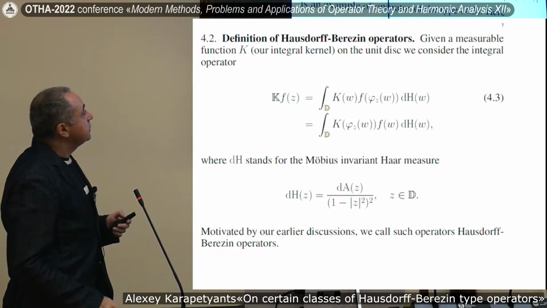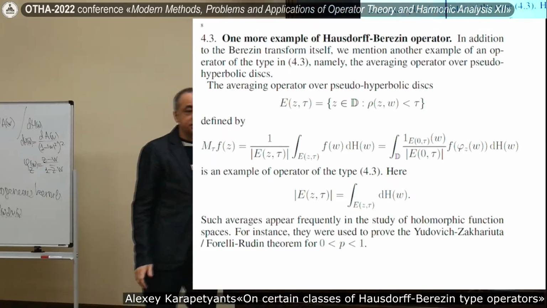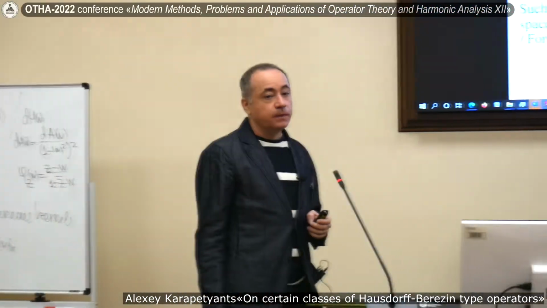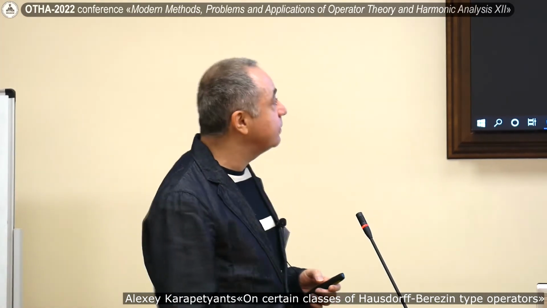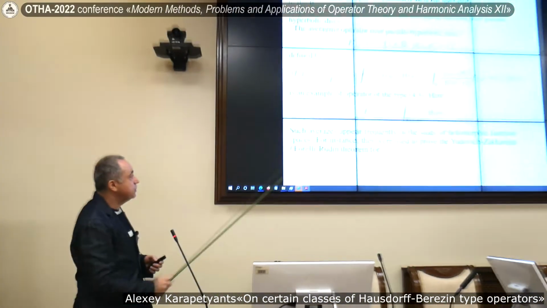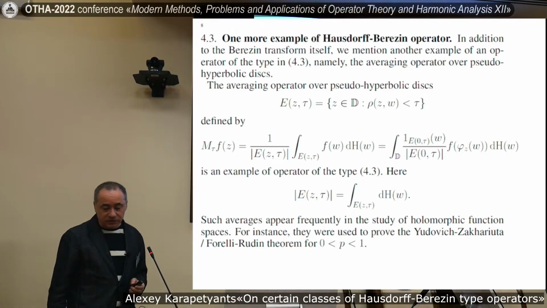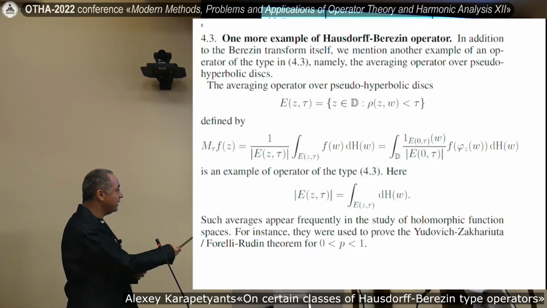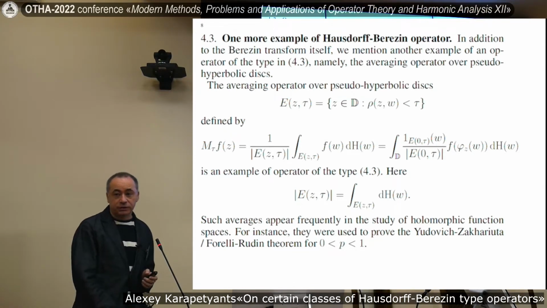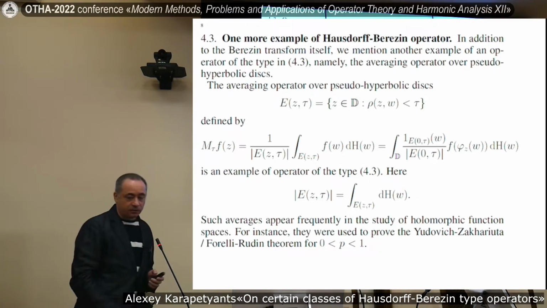Okay, more examples. Yes, we still have more examples. This averaging operator also belongs to the class of Hausdorff-Bergman operators. The averaging operator with respect to this pseudo-hyperbolic disk was used by, for instance, Mateljević and Pavlović to prove the Yudovich-Zaharyuta, Forelli-Rudin theorem about boundedness of the Bergman projection for this parameter p.